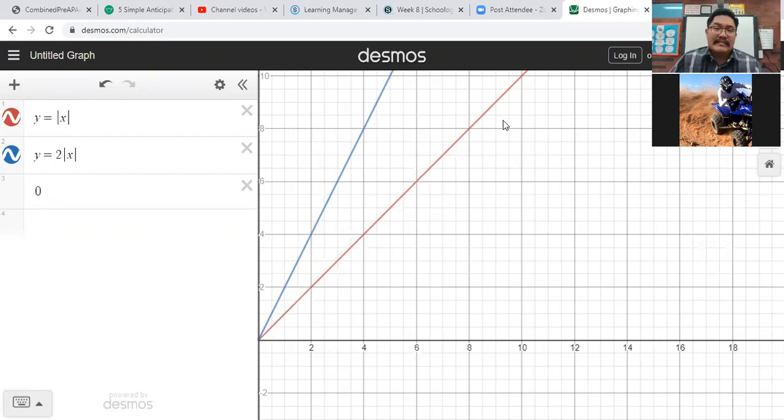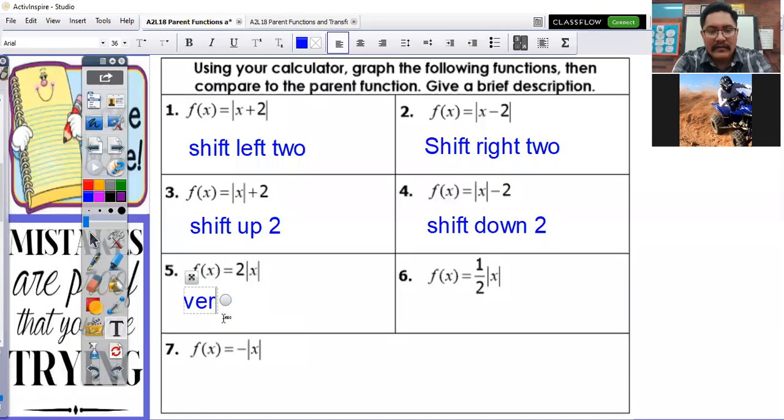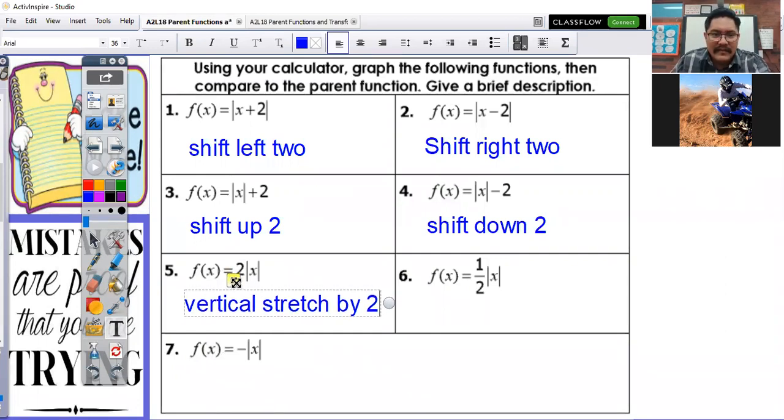It's kind of like a slope, but since we're multiplying the numbers, the x value is going higher, faster. So again, we call this a vertical stretch. And we could probably also say by 2. Now, for the homework, it's not really important to say how much of a factor it's being stretched by, because that's usually not as important.